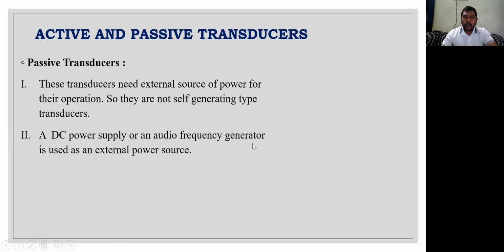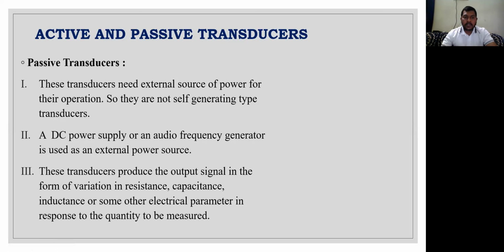A DC power supply or an audio frequency generator is used as an external power source, and these transducers produce the output signal in the form of variation in resistance, capacitance, inductance, or some other electrical parameter in response to the quantity to be measured. So I guess you understood. Whenever we require the external source, then that type of transducer is called a passive transducer.